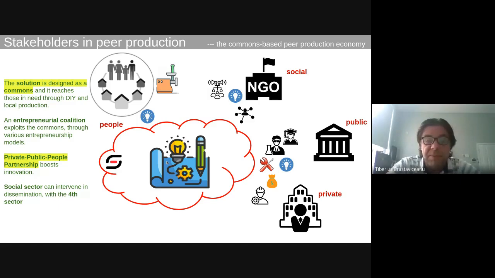Now we're talking about the flows to consumption. The subsistence of the network does not rely on selling products. So there is no market. The market as a distribution channel, or the market as a pattern of flow of resources from production to consumption, is not the main driver.